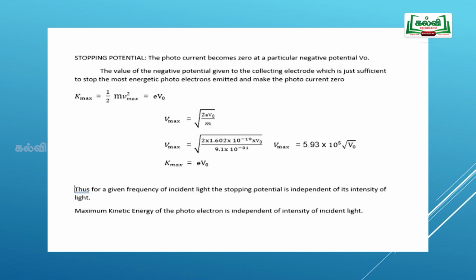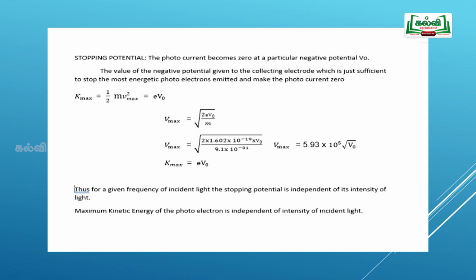The stopping potential is the negative potential given to the anode to stop the electrons from reaching the anode. Here the maximum kinetic energy is equal to the work done to stop the electrons from reaching. So we can say the maximum kinetic energy, half m v max squared, equals eV naught. Here we know the values of e and m.